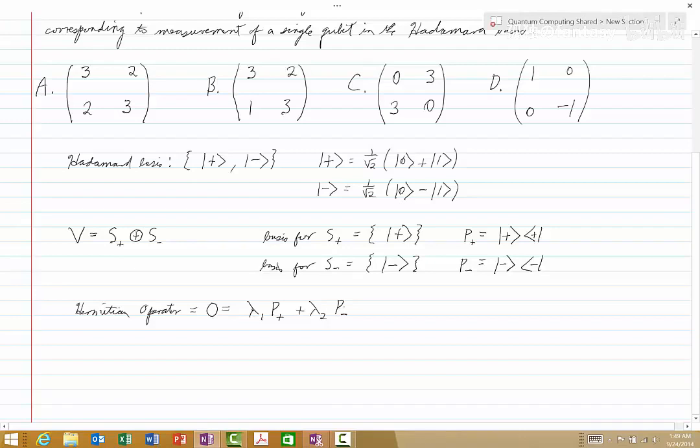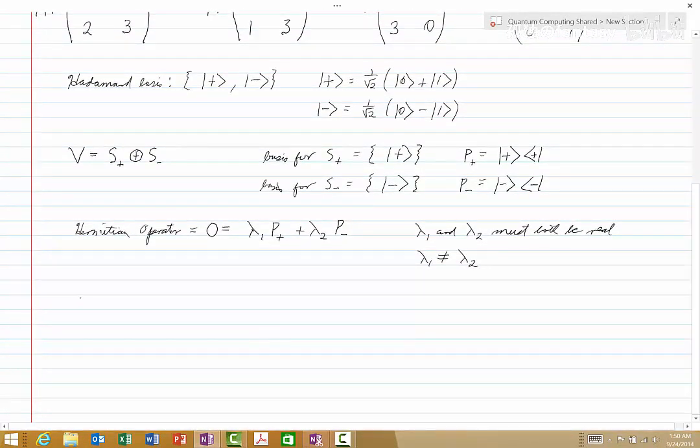And again, the only requirements on lambda 1 and lambda 2 are the following. Since this is a Hermitian operator, lambda 1 and lambda 2 must both be real. And furthermore, we don't want them to be equal to each other. So lambda 1 is not equal to lambda 2. But those are the only restrictions that we have.